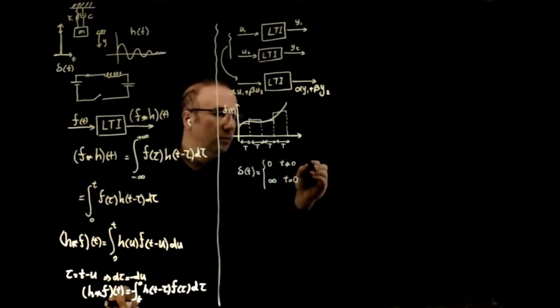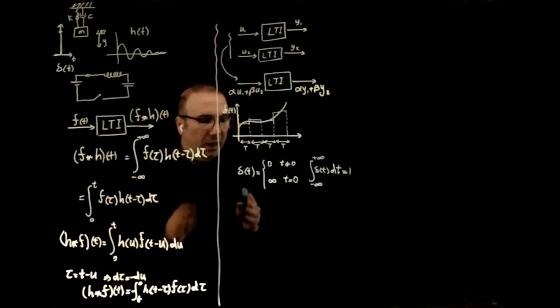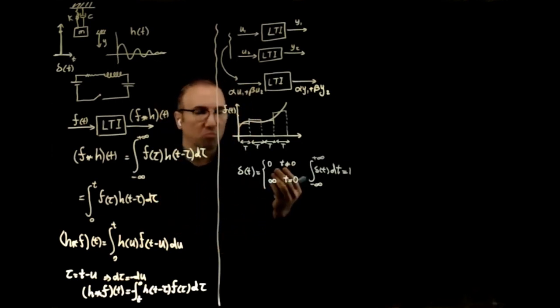The other property is that the integral of delta of t dt from negative infinity to plus infinity is 1. All right? So this is the Dirac delta function. In fact, I should mention that this is not a function. We abuse the word function in this case because a function should have a defined value at certain points, and infinity is not a number.